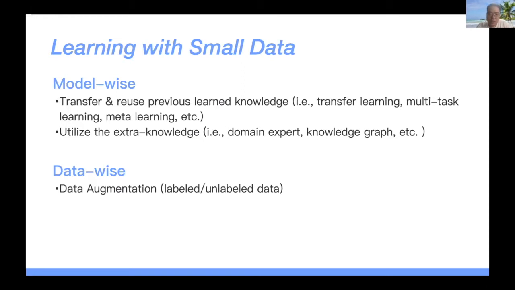In this pre-training stage, the model learns common sense about language, and then we can generalize that knowledge to other tasks such as text classification, question answering, and so on. Sometimes it's also very useful to utilize expertise, so we inject extra knowledge into our model for better performance. We can put in domain expertise priors or introduce knowledge graphs into our model. For the data-wise approach, we usually apply data augmentation to obtain a larger and better training set.